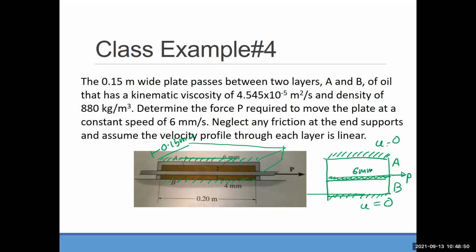Now, if you have 0 and 6, obviously you can draw the velocity profile this way. The same thing for this layer also. That is the velocity profile. Okay.